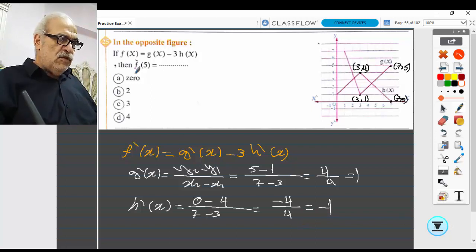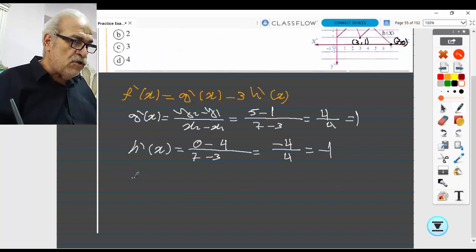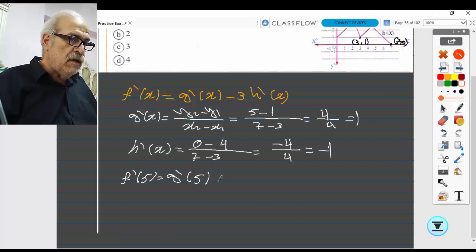The required here is to find f dash of 5. So f dash of 5 equals g dash of 5 minus 3 h dash of 5.